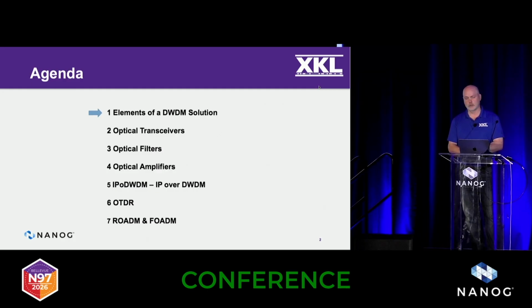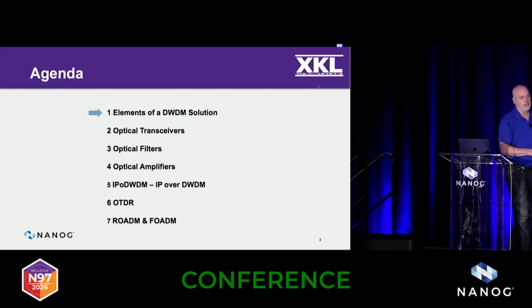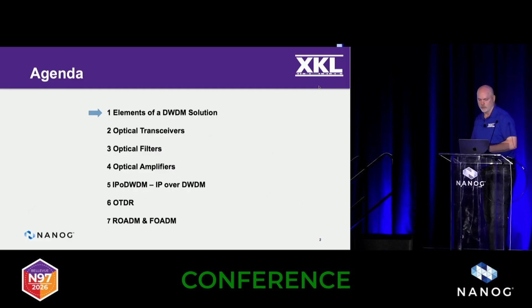And we'll talk a little bit about how it plays with traditional transport stuff too. Then we'll talk a little bit about an OTDR and what that is in particular as it applies to integrated devices that are in this equipment, not your traditional handheld stuff that your field techs have. And then we will finish up with talking about ROADMs and FOADMs.